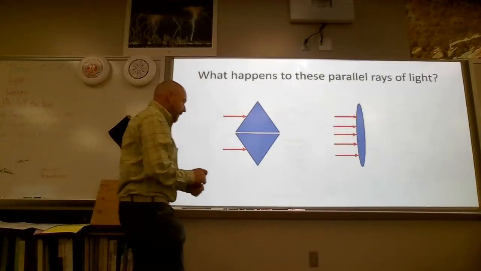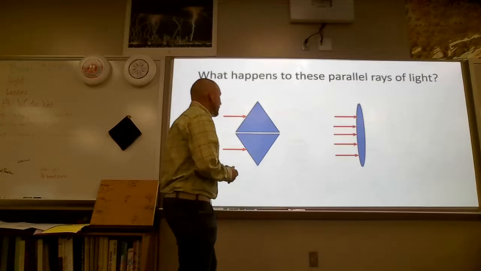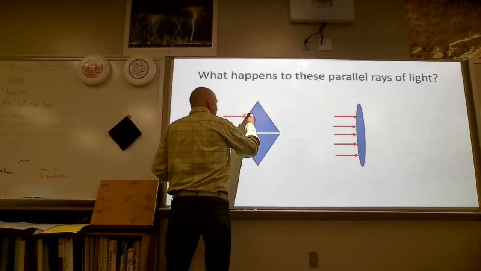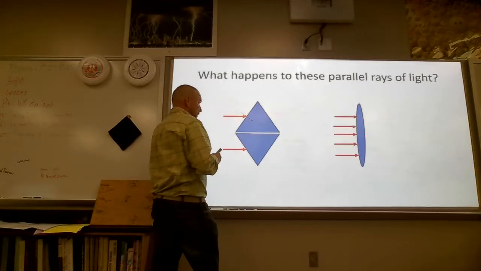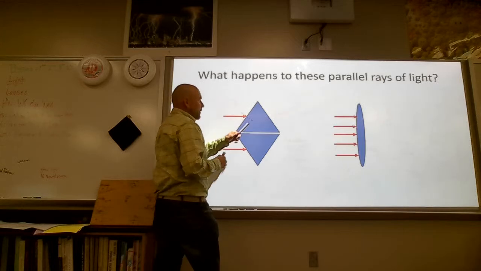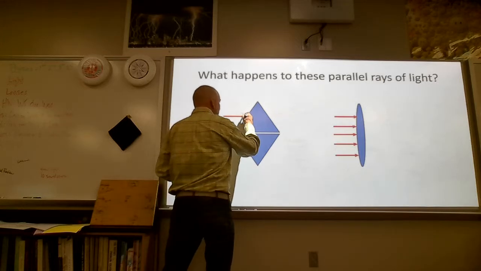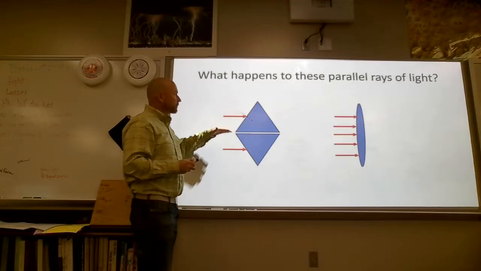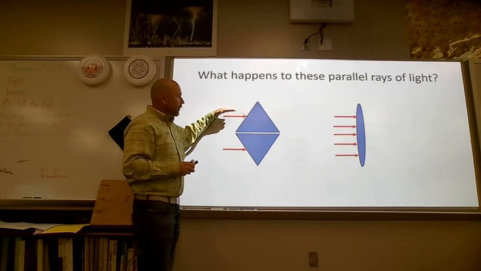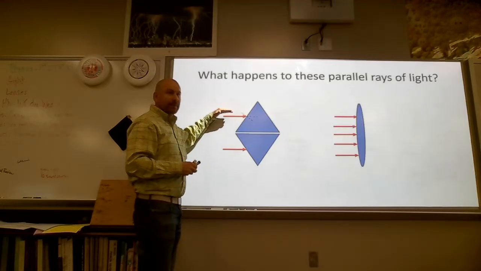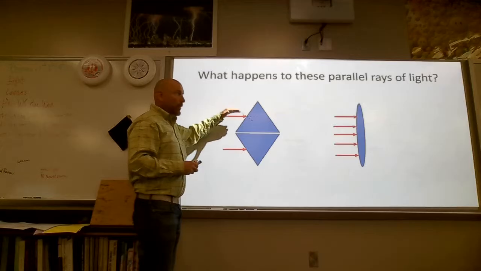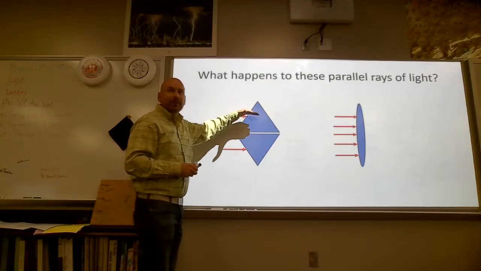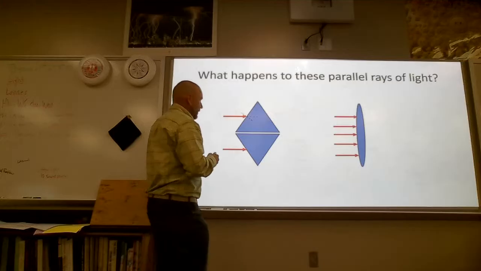So, based upon what we've done with prisms, is this going to bend away or towards the normal line? From air to glass: low to high, fast to slow, bends towards the normal line.